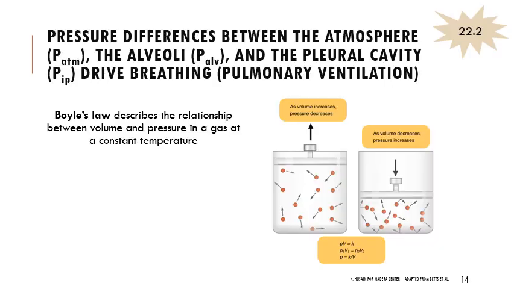So starting with that first section, thinking about pressure differences. In terms of what pulmonary ventilation actually is, breathing, it fundamentally comes down to the movement of gas and gas exchange. It turns out the pressure differences between the atmosphere, P atmosphere (PATM), the alveoli in the lungs, PALV, and the pleural cavity, PIP, are what's actually driving that breathing.